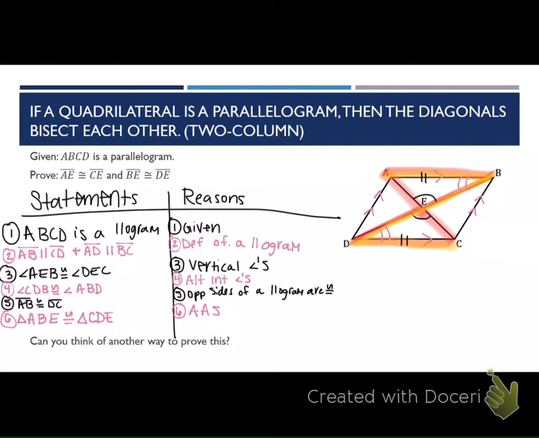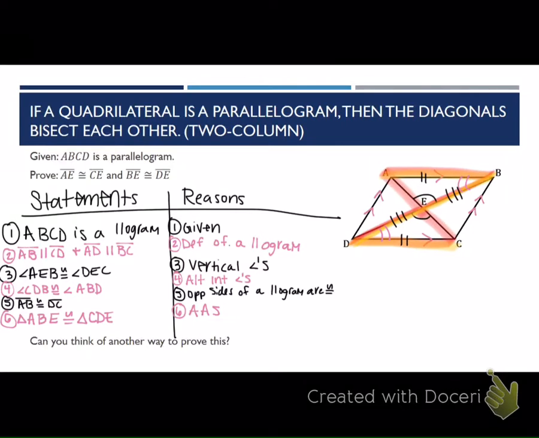So now we can look at our CPCTC. Does DE line up with BE in our statement? Do these two line up? So that one's good. Do AE and CE line up in our statement? Yes, so those ones are also good.